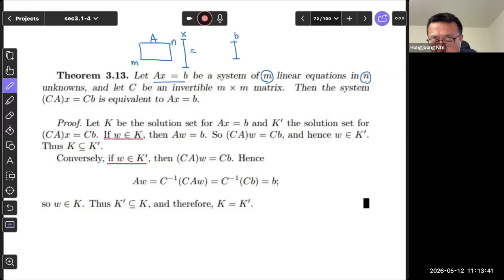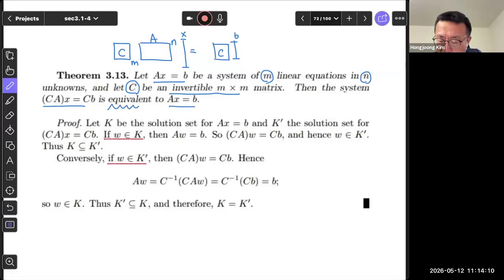Given this problem, Theorem 3.13 says that if C denotes an invertible m by m matrix and I pre-multiply it, the system CAx equals Cb is equivalent to Ax equals b.